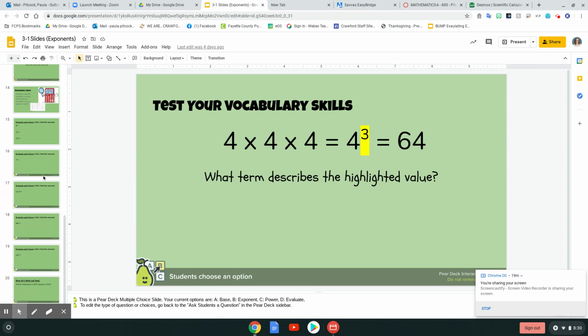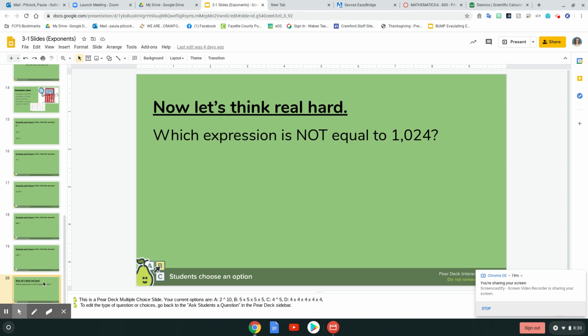So I'm going to give you one last question. And this one is a little bit harder if you're watching the replay. I want to know which one of these at the bottom is not equal to 1024. So in your calculator, you need to solve each of these and figure out which one does not equal 1024.